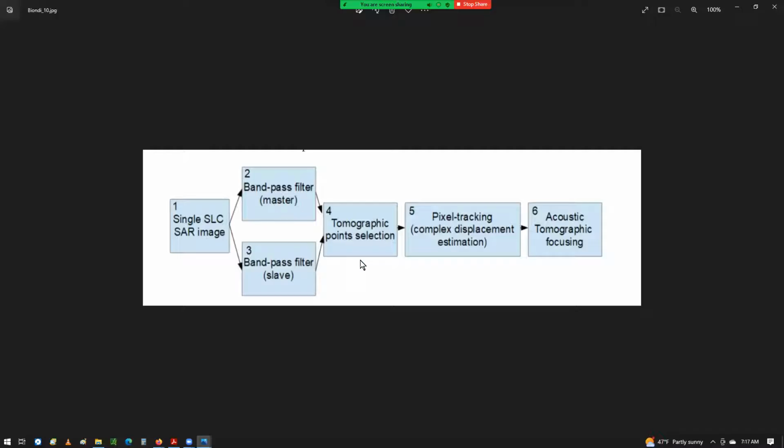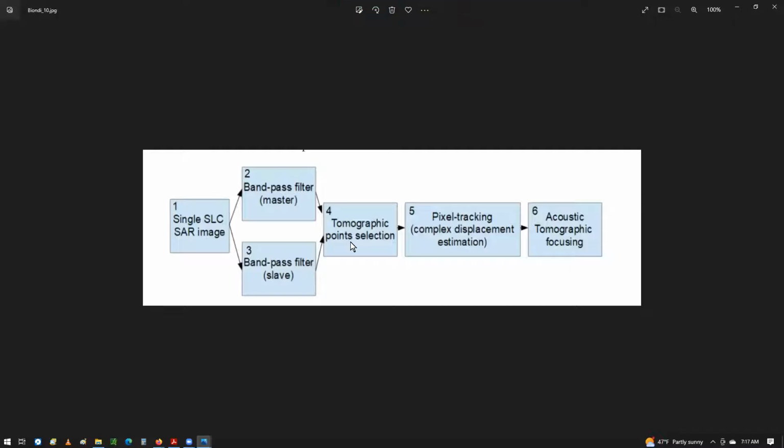Then, in order to look into the interior, they select points along a line. I'm going to show you that in a moment. It's called tomographic. Tomographic means you basically slice a line through the object, on the surface of it.